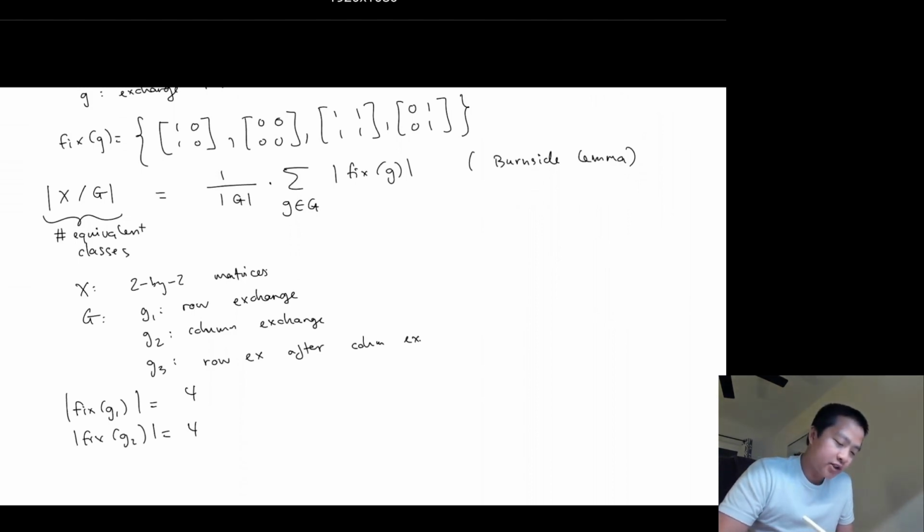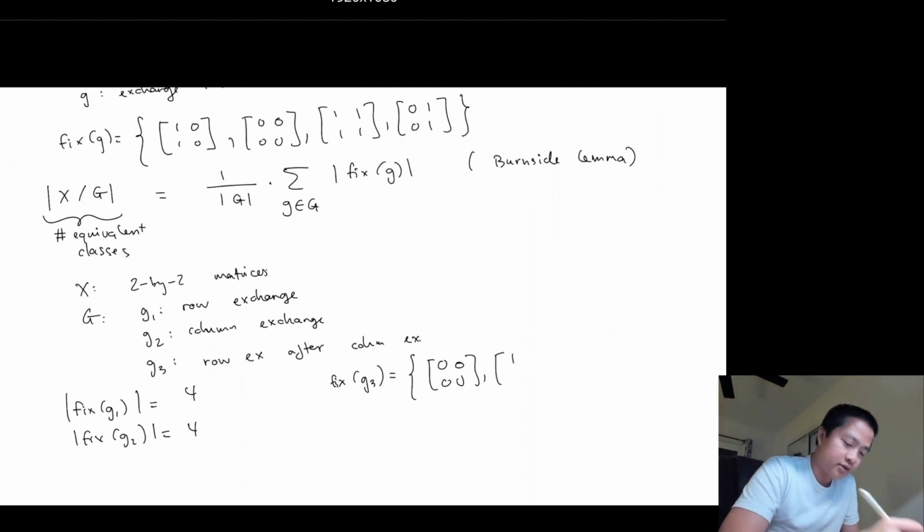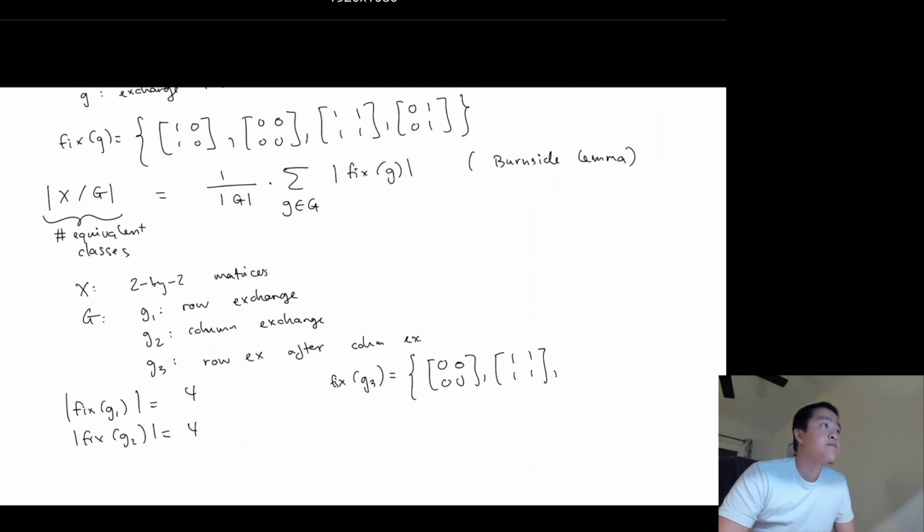Now G3, what is fix of G3 here? I'm sure at least you have these 2 entries. Oh, actually we also have G4, which is do nothing.